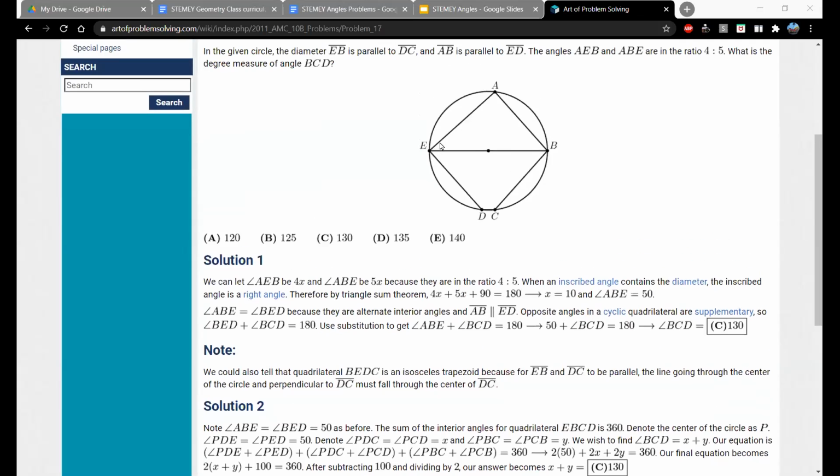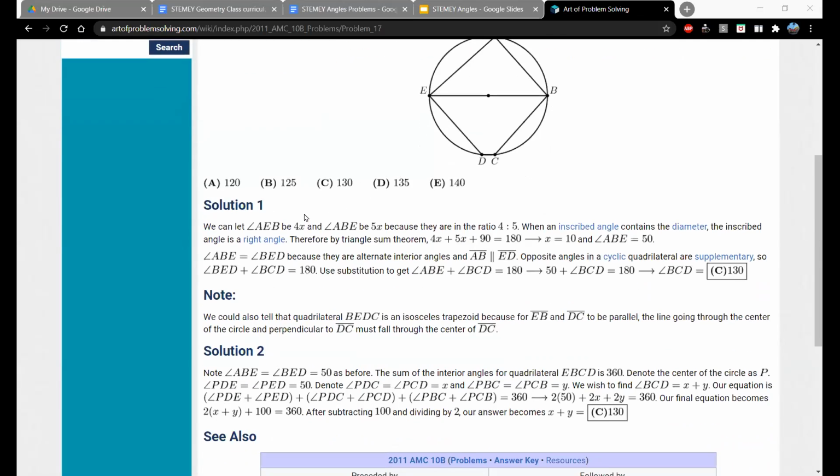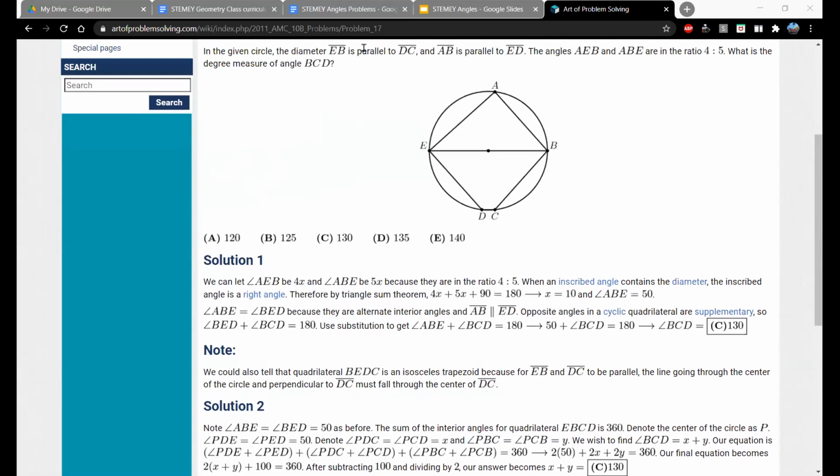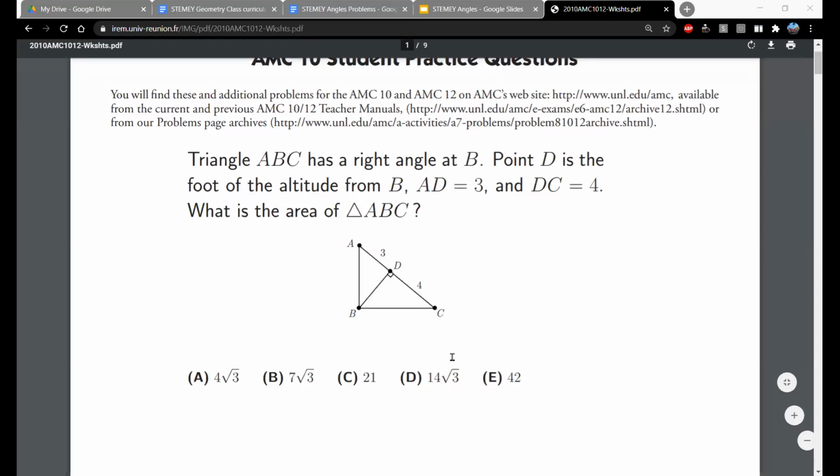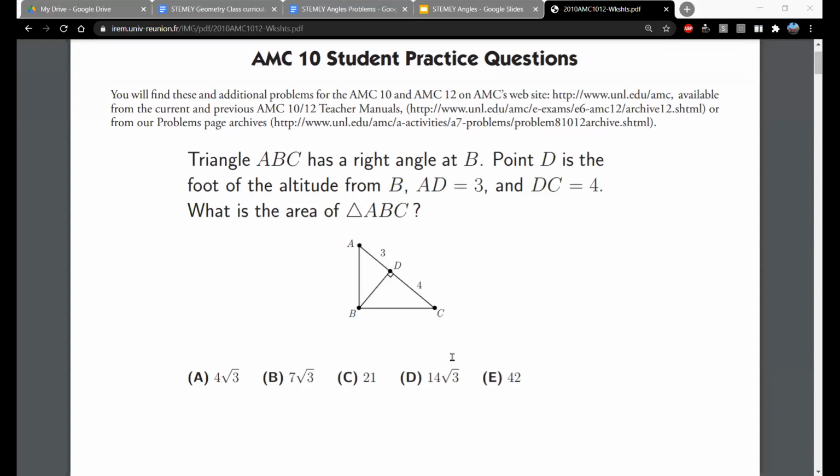And it is a 90-degree angle for EAB. I just did 180 minus 50.